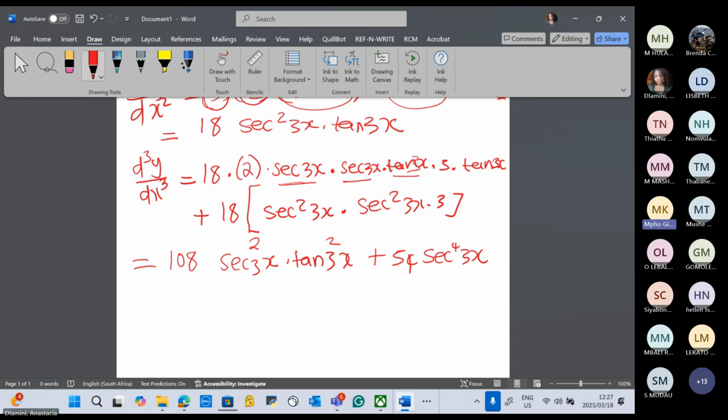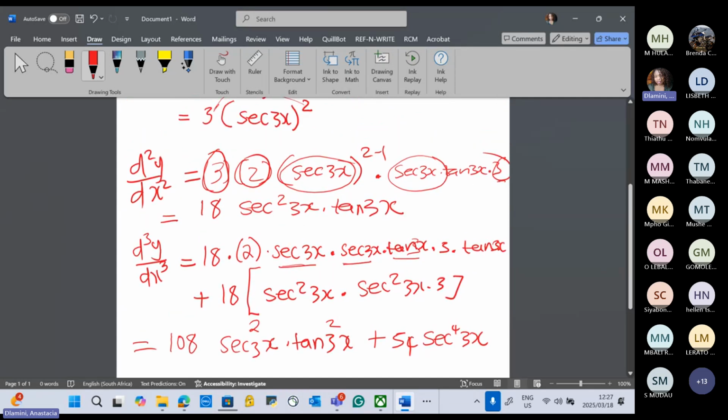Guys, can you make it look like the one in the study guide without using the identity? In the study guide, they used the identity to simplify. Do you see what they did there?